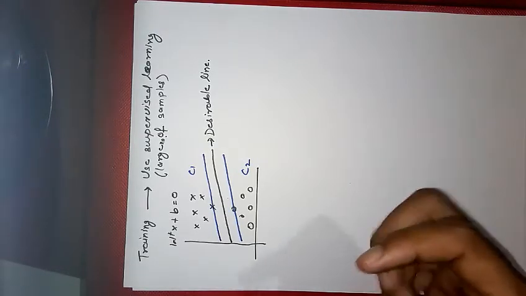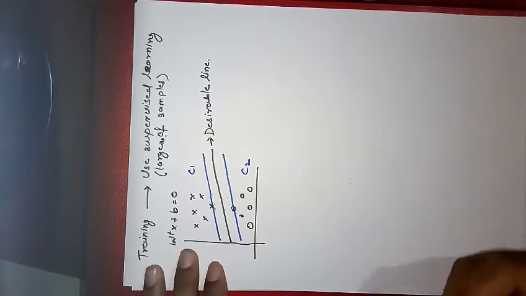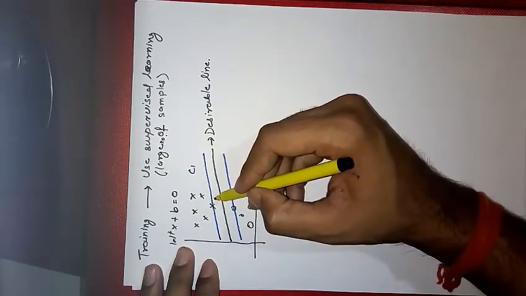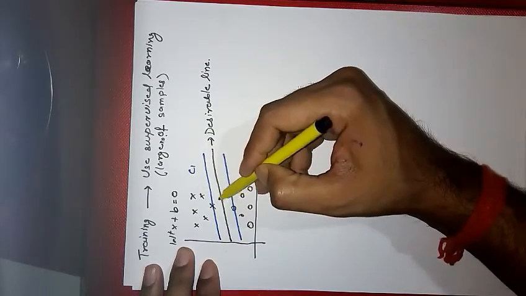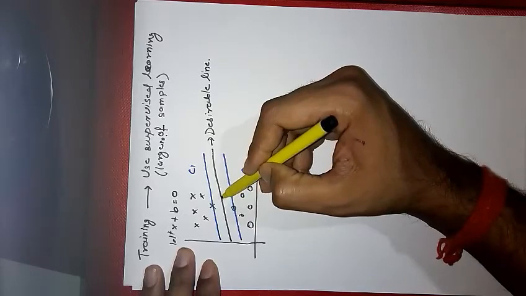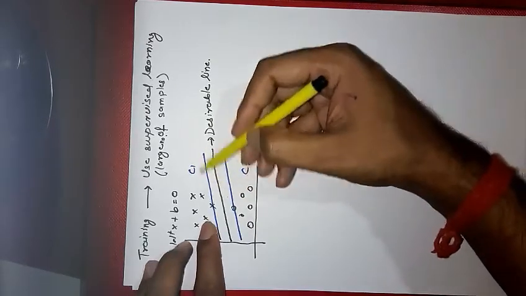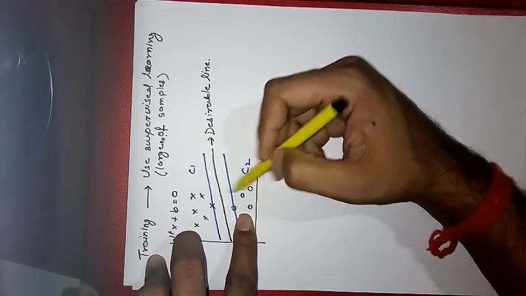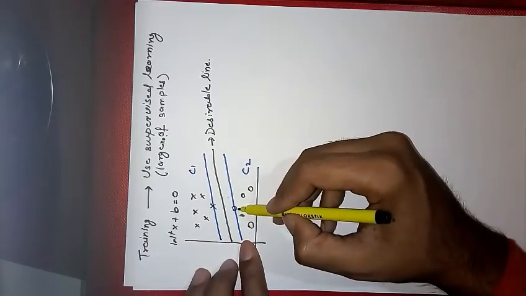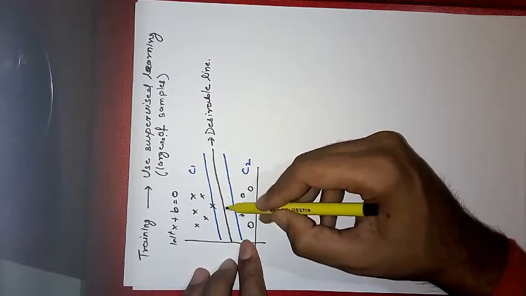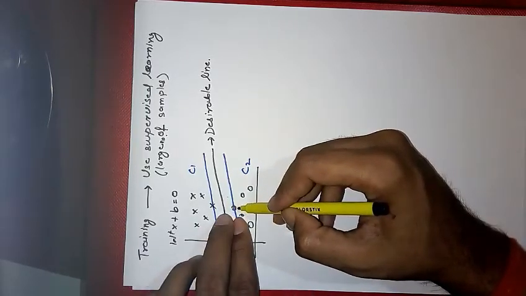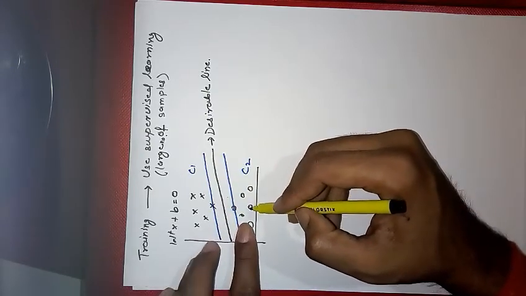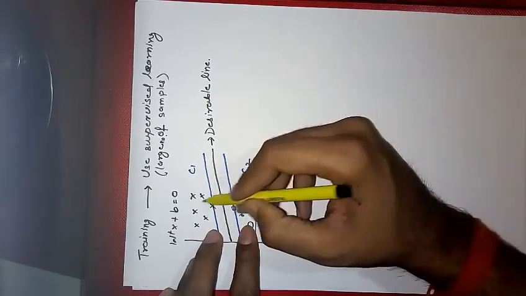So what I want to say is, if the feature vectors of class C1 are far from this line, it will be safer for class C1 that it is best separated from C2. And again for C2, if the nearest feature vector to this desired line is far from this line, it means that it is also safely and best separated from class C2.